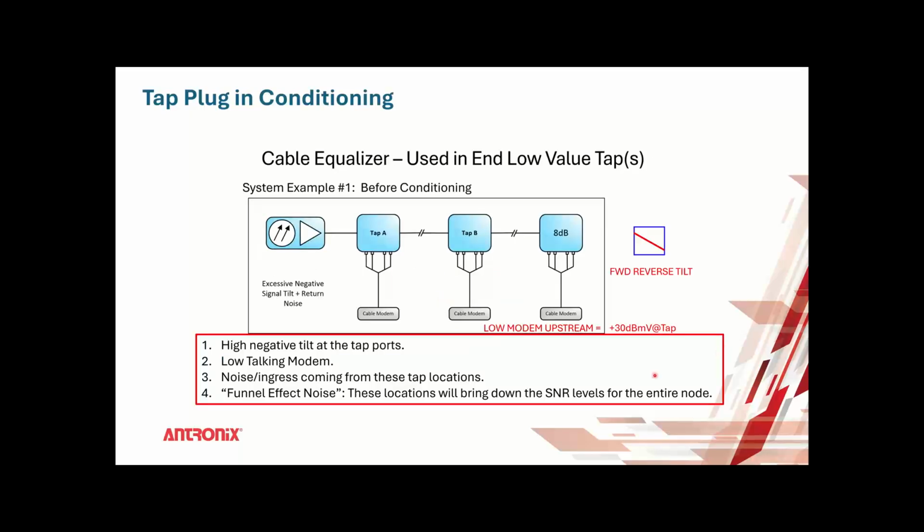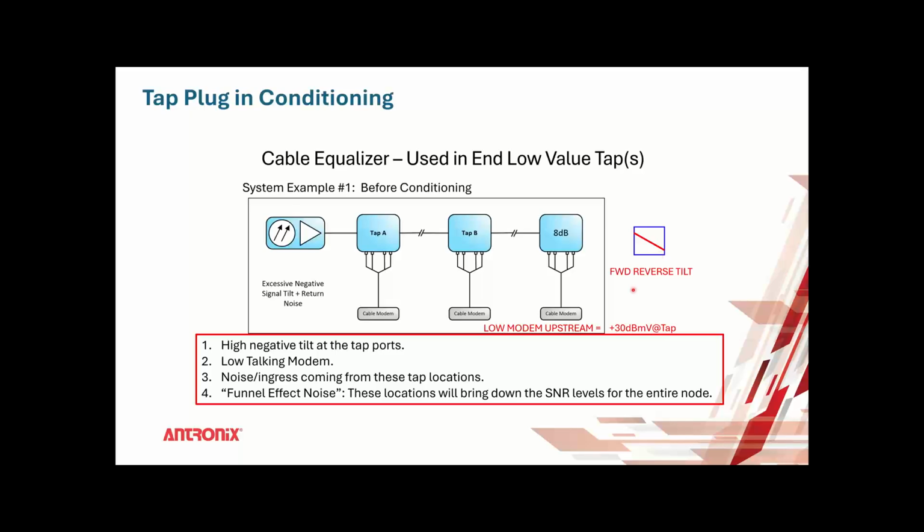Cable equalizers are typically used in low value taps. As the signal travels down the coax, higher frequencies get attenuated more, and towards the end of the line you get a frequency response with a tilt going downwards.